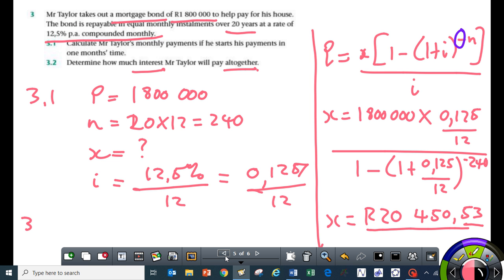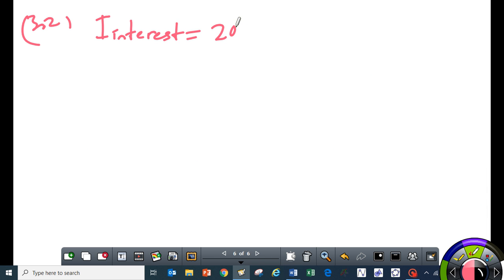Now, if you go to the next page. So 3.2, the interest is going to be equal to 20,450.53 times 240.